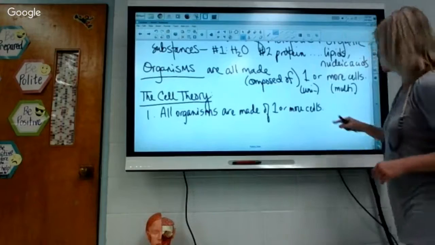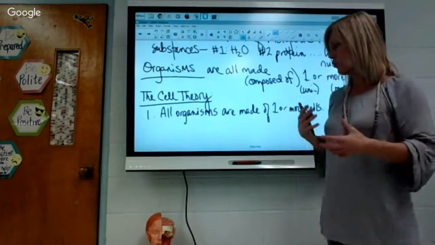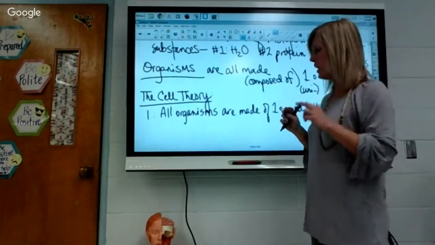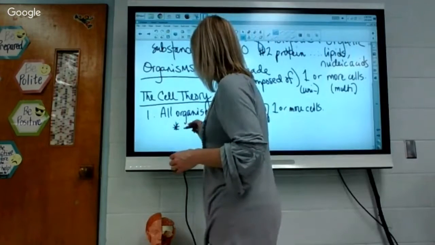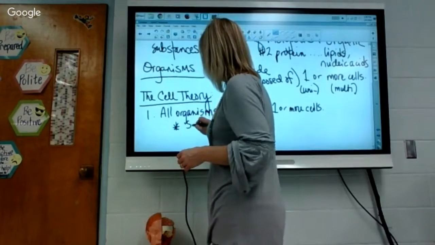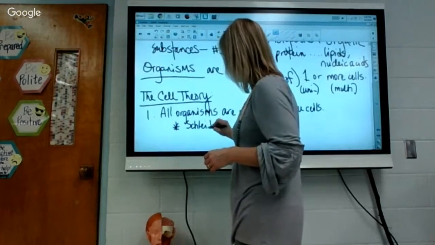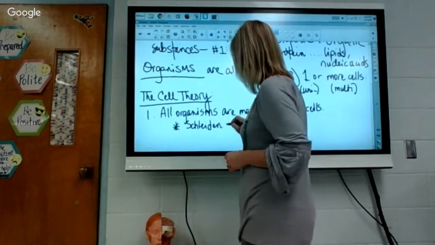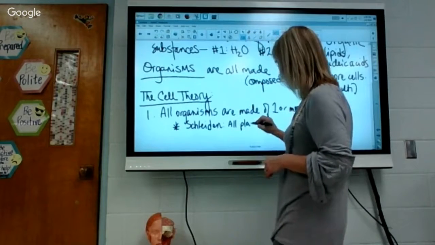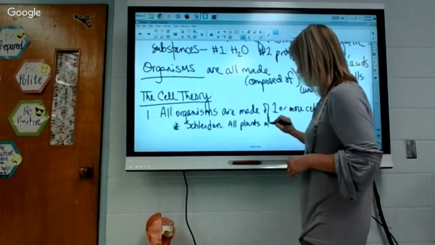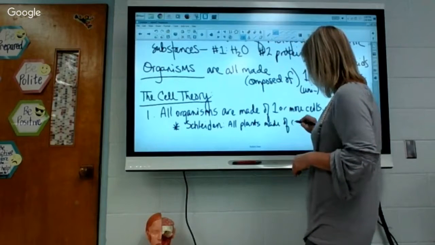The people who contributed to that, there are several, but the two more famous ones: one is Schleiden. His last name is Schleiden, and he said all plants are made of cells.